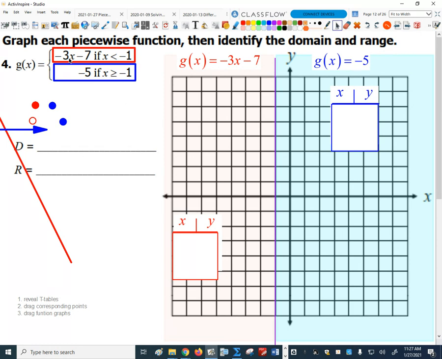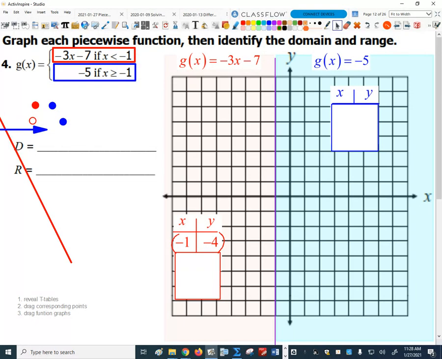Right, so if I plug -1 in to the red piece, I'm going to get -3 times -1 is +3, minus 7 is -4, right? Now look at that. That's an ordered pair, right? When we use t-tables, one of the advantages of a t-table is that the x and y values just look like ordered pairs, don't they? Right? So I've got the ordered pair, -1, -4.